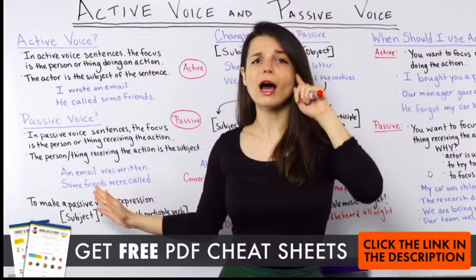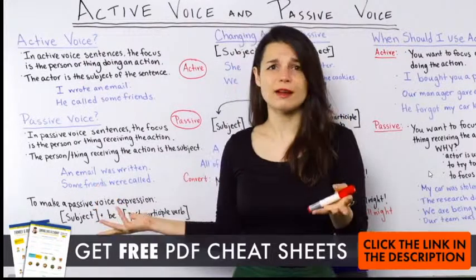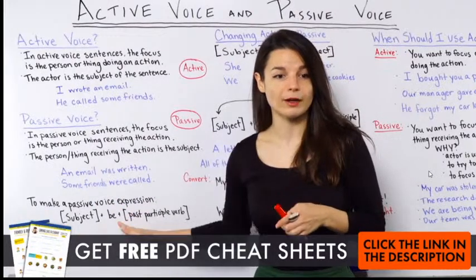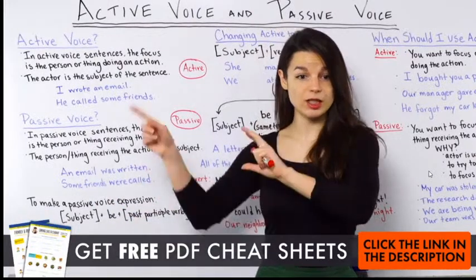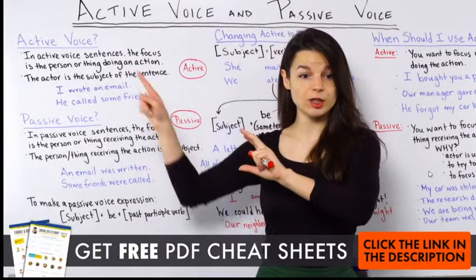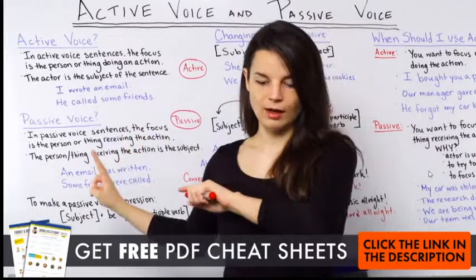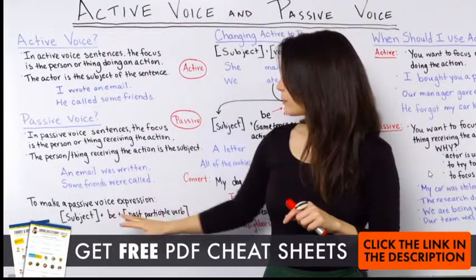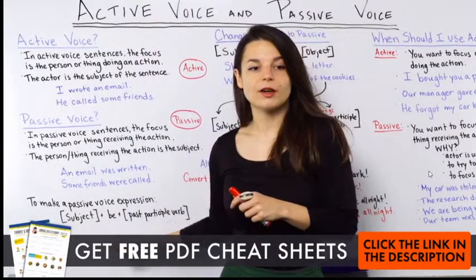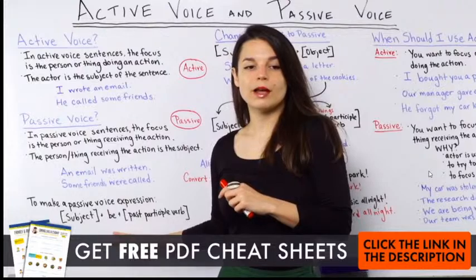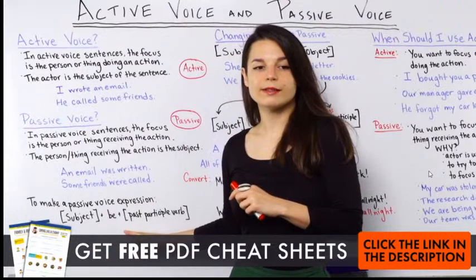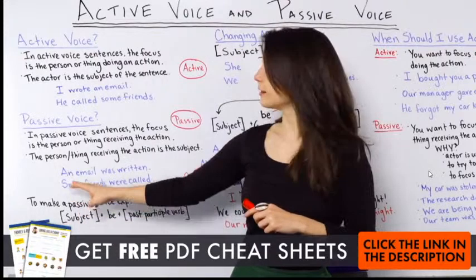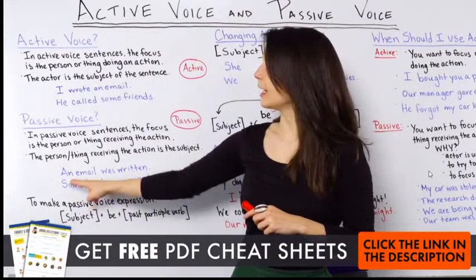So how do we make passive voice? To make a passive voice expression, you can use this basic pattern. I'm going to show you how to change between the two in part 2 of today's lesson. To make a passive voice expression, use your subject plus the verb to be plus the past participle form of a verb. The subject in this example sentence is an email.